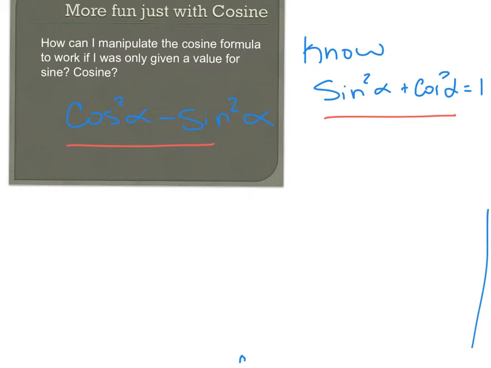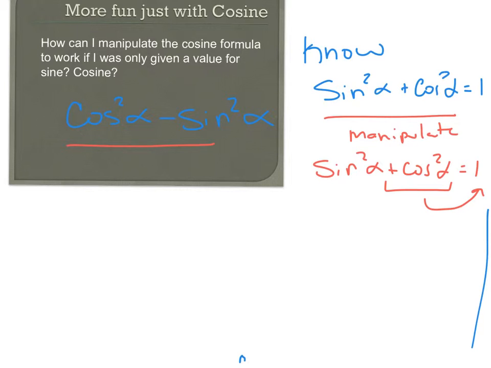But basically, I can manipulate this by taking sine squared alpha plus cosine squared alpha equal to 1 and moving this to the other side. So sine squared alpha is the same as 1 minus cosine squared alpha.